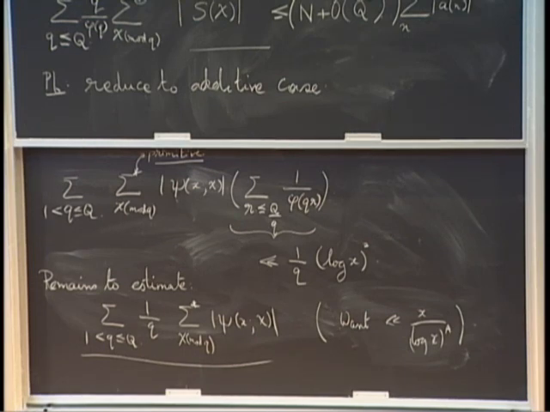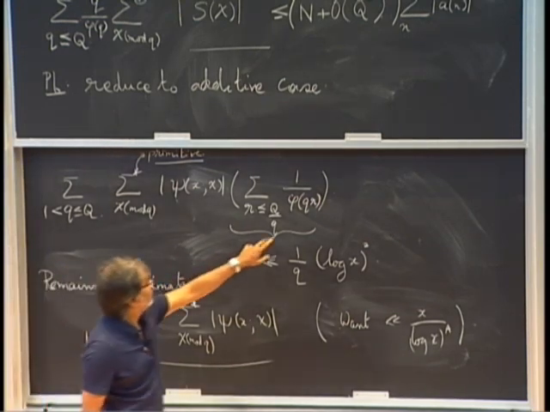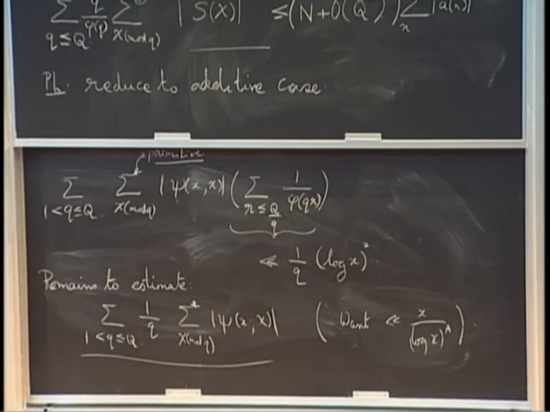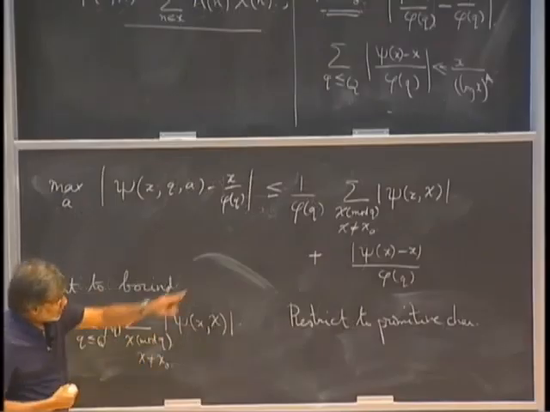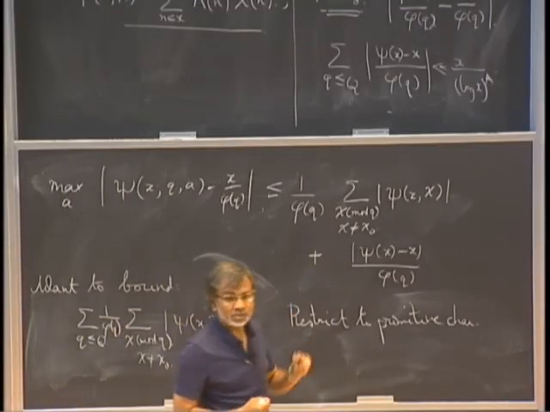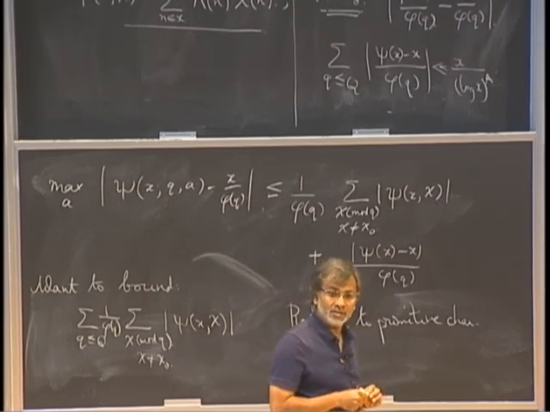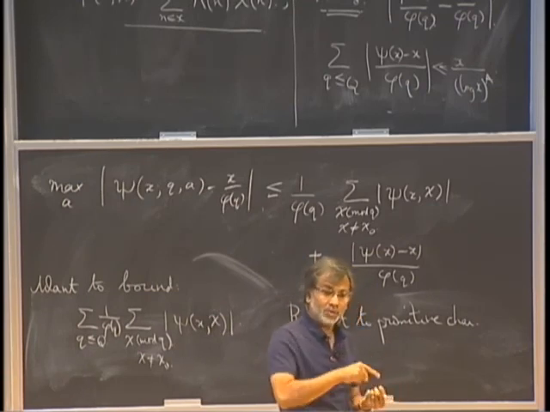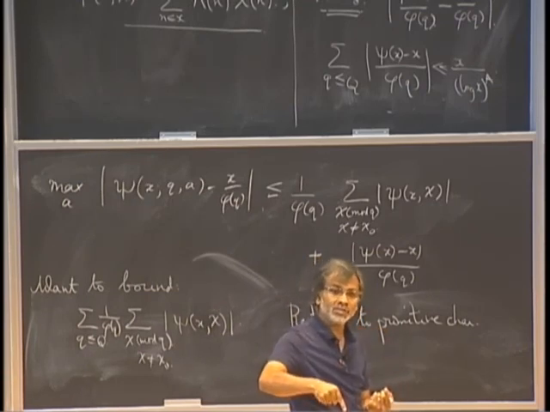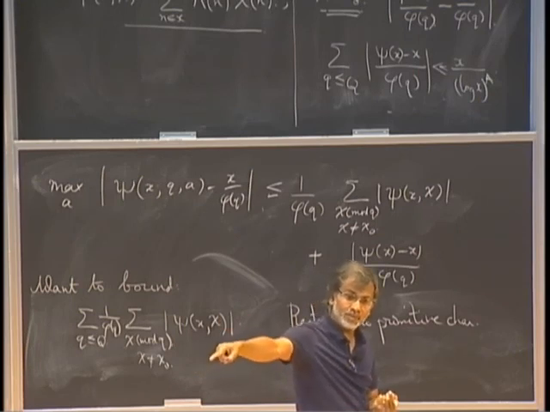Yeah. Where this came from, right? It's just the same sum here, right? So there was always a 1 over phi of q here. So every time a character appears, it appears with this weight 1 over phi of q, right? In the rewriting, I want to sum only over the primitive characters. So the primitive character will appear, but then also it will appear as 2 times that modulus, 3 times that modulus, and so on. But then q and r may not be related with prime.